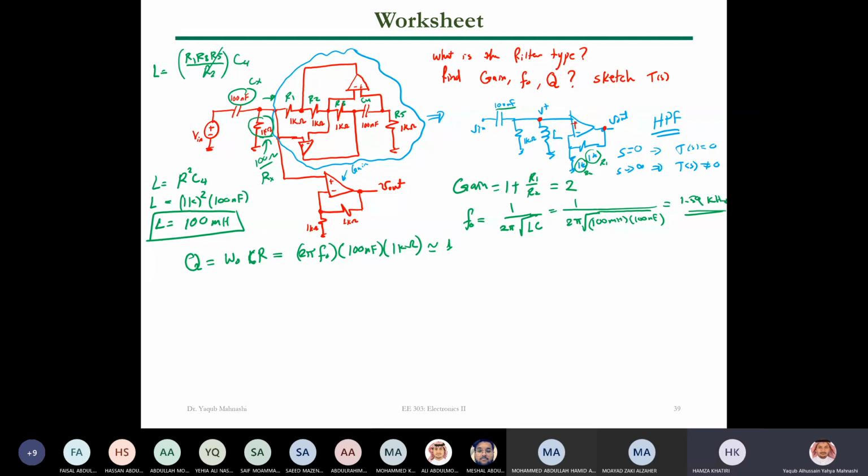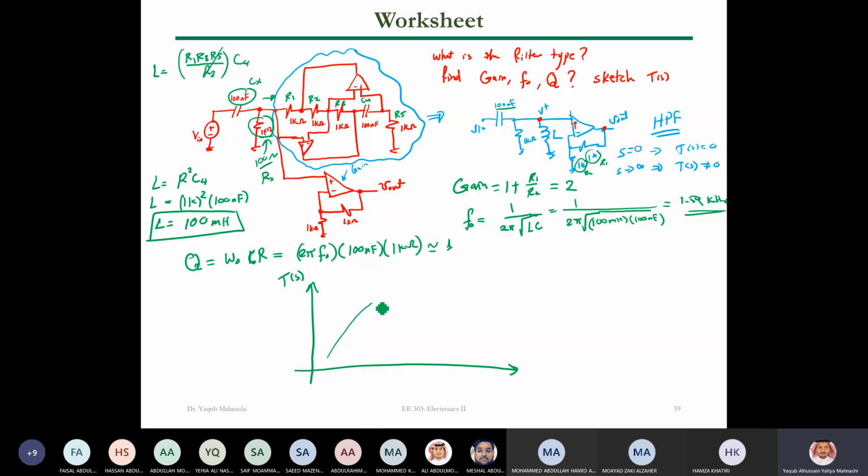Okay. We will sketch the transfer function for you guys, and I will show you the effect of the Q here. So this is the transfer function, and of course we have a high pass filter, so at low frequencies you will get a 0, and then until you have a corner frequency of 1.5.